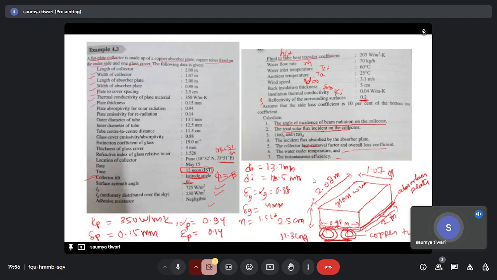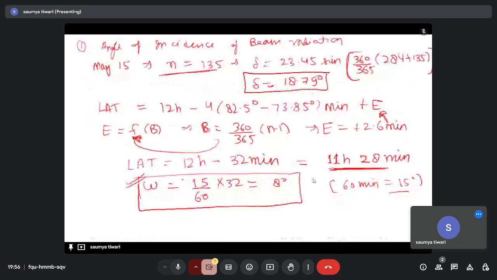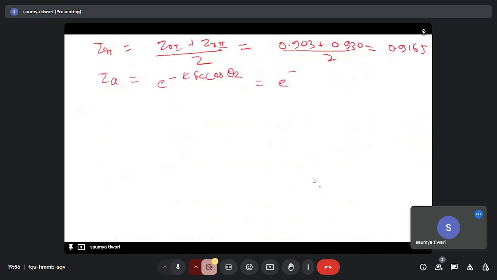The k value is 19, the extinction coefficient of the glass, and the thickness of the glass is 4 mm. So we'll put in all the values. It will be e to the power minus 19 into 4 mm, which we'll put in meters, divided by cos theta 2. The theta 2 value was, I think, 13.18.